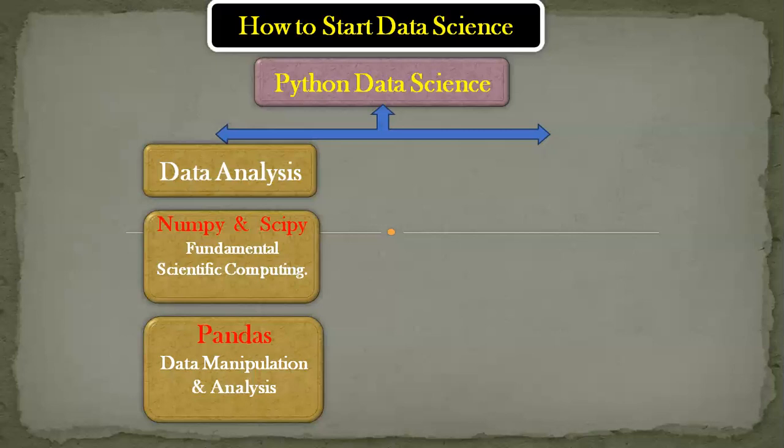For two-dimensional data, you have to use a data frame, which is especially used for two-dimensional data. We'll discuss in the next videos the functionality of 1D array and 2D array, and the different kinds of functions of pandas and NumPy. It is not possible to cover this in a short video, right?